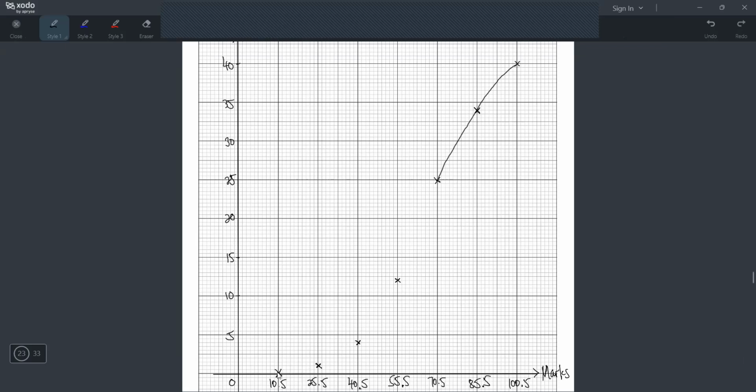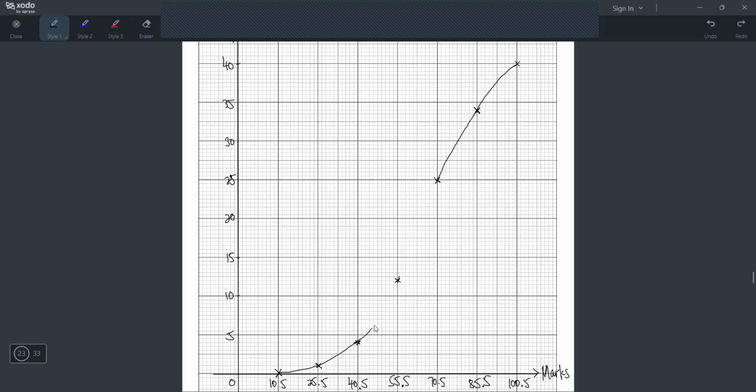Okay, let's draw this part. Okay, something like that. And then just connect them together. Okay, this part is not very nice. So we erase and draw one more time.